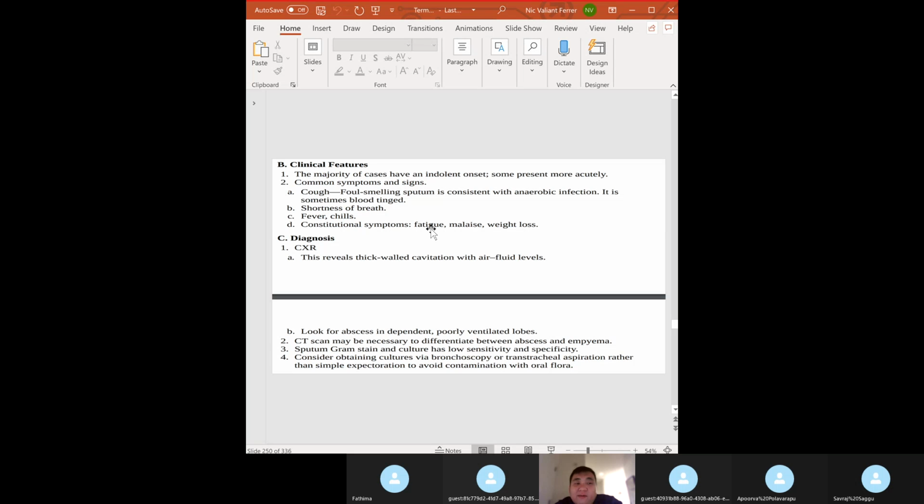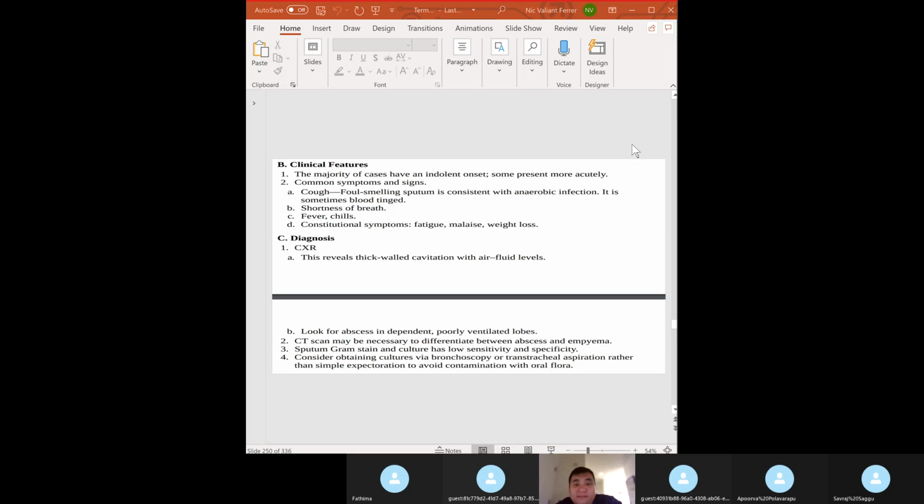As I've said, foul-smelling sputum. We're gonna put that in the vignette. Shortness of breath, fevers, some constitutional symptoms or B symptoms. In chest X-ray, you can see thick-walled cavitation. You can also have some abscess there. Sputum gram stain has low sensitivity and specificity.